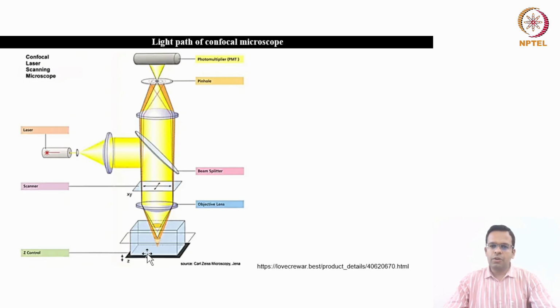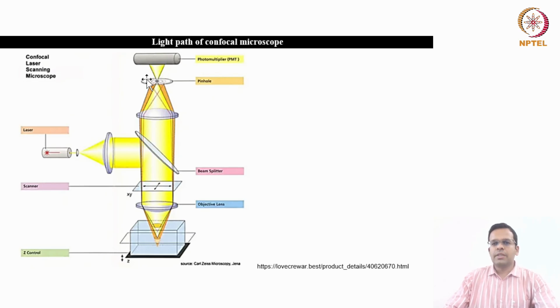That light will fall onto the sample and illuminate it, and the light emitted from the sample goes back to the objective, and passes through this dichroic mirror and the emission filter. There is a pinhole here which blocks the out of focus light, and only the light which is in focus will fall onto the detector. The detector is the photomultiplier tube.